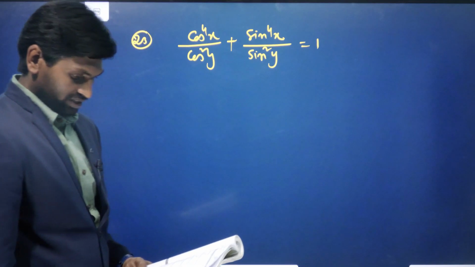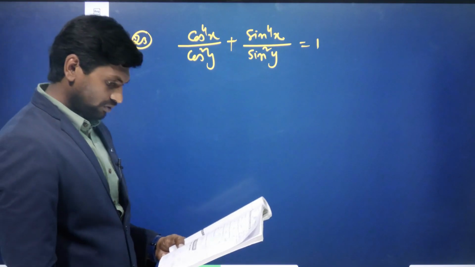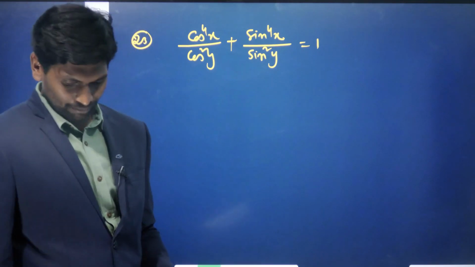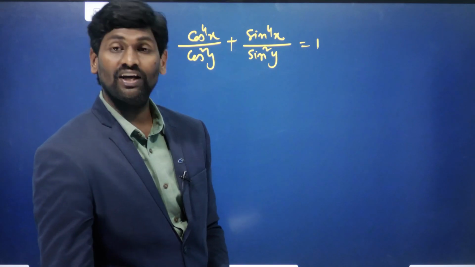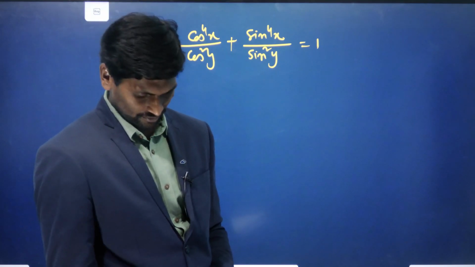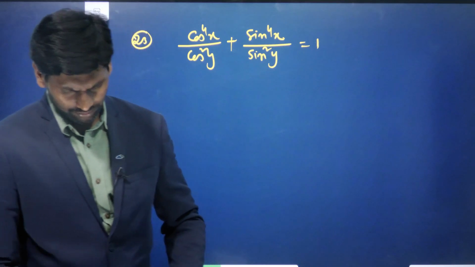Then we should find the value of cos power 4y by cos square x plus sin power 4y by sin square x.